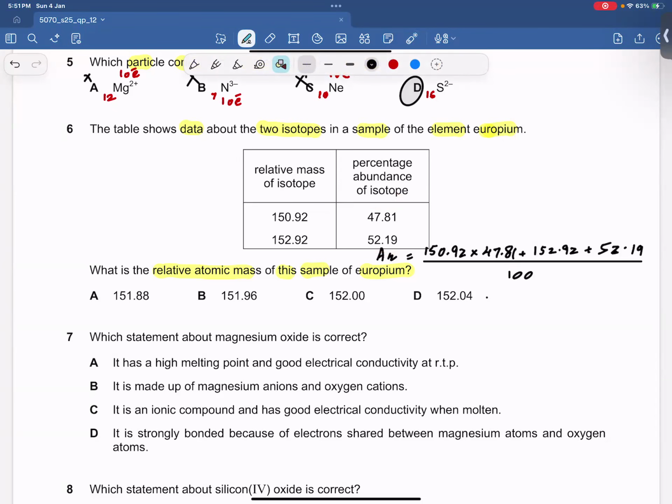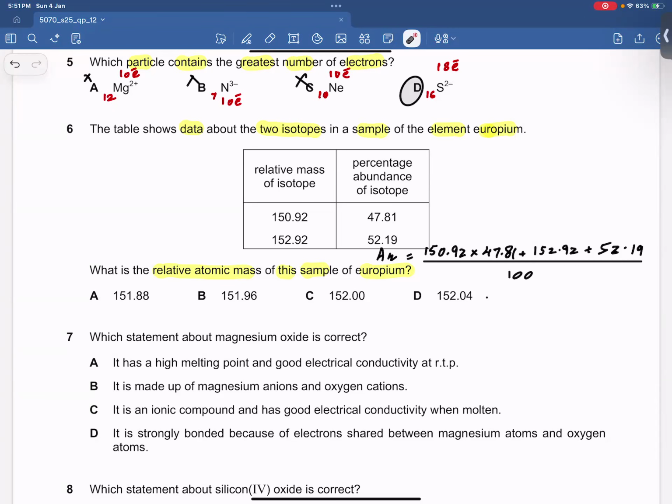Okay. Let's multiply these values and divide by 100. Let me get the value. 150.92 times 47.81 plus 152.92 times 52.19.